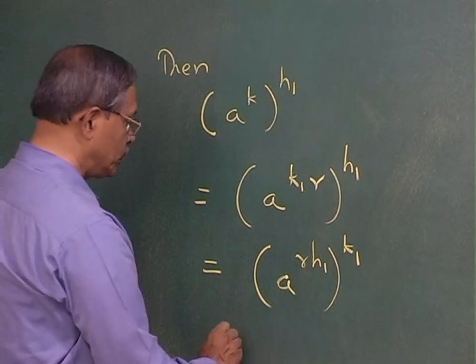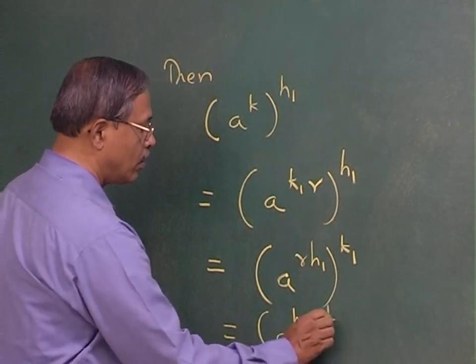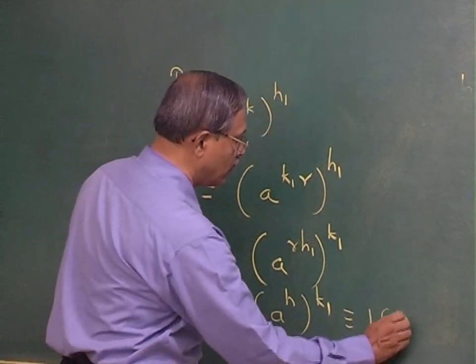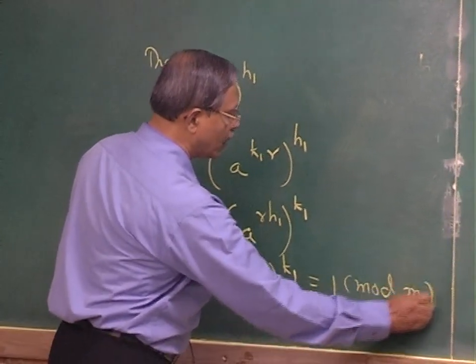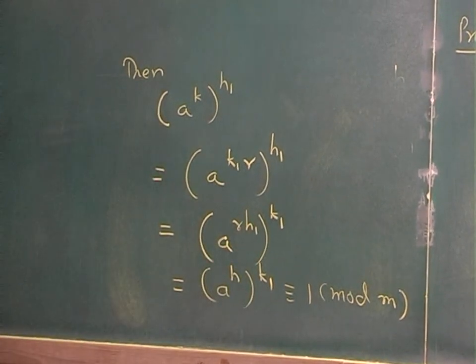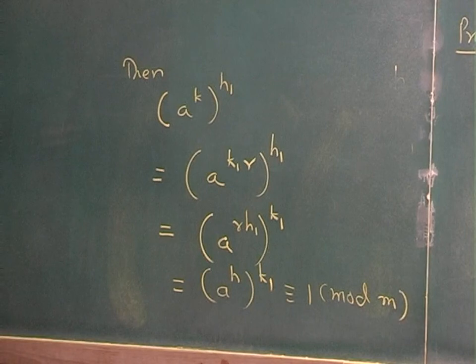But r h1 is h, and a raised to h is congruent to 1 mod m, therefore this power is congruent to 1 mod m. So we have shown that a raised to k raised to h1 is congruent to 1 mod m.